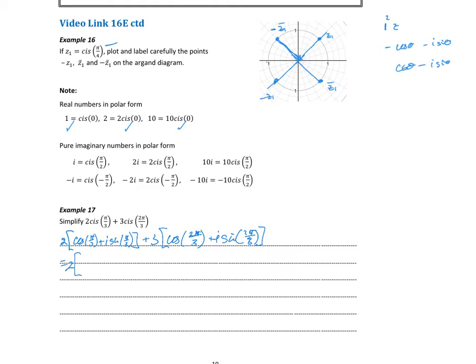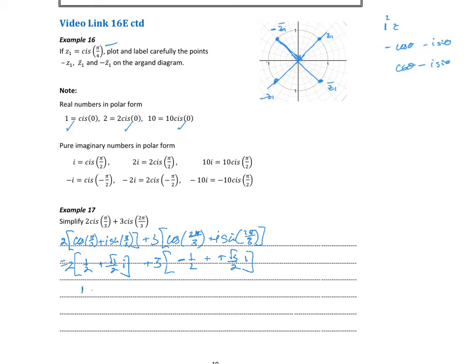Cos pi on 3 and sine pi on 3 are a half and root 3 on 2, both positive. 2 pi on 3 is the second quadrant, so cosine is negative a half, and sine will be positive root 3 on 2.